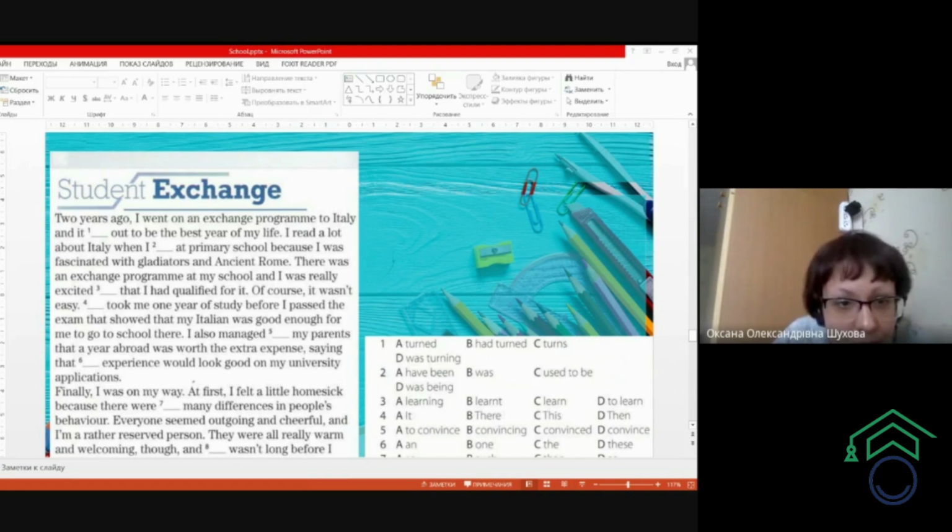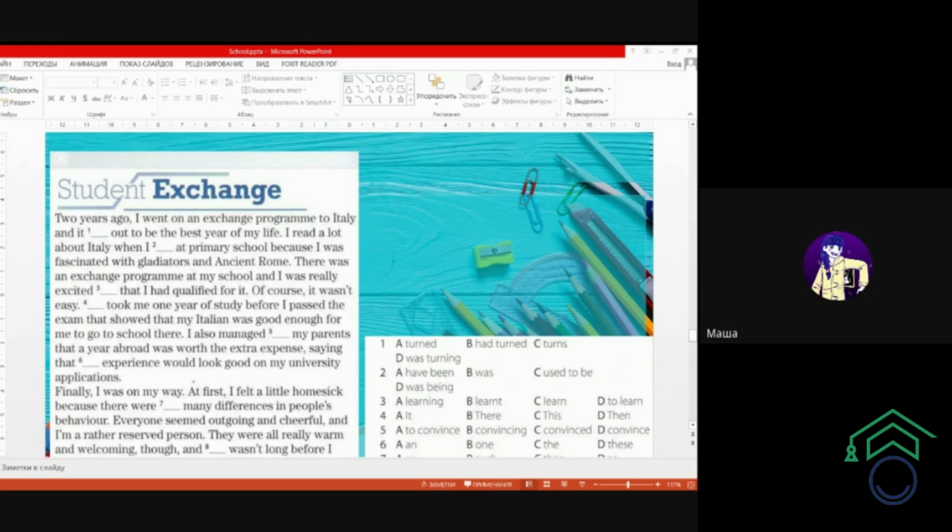Okay. The next one, number 5. I also managed to convince my parents that a year abroad was worth the extra expense, saying that experience would look good on my university applications. Managed to convince. Okay.